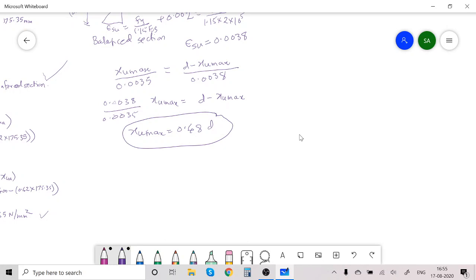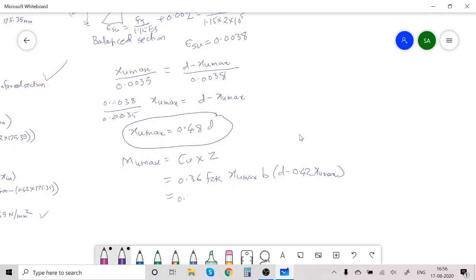Once you get XU max, using the equation Mu max is equal to Cu into Z. Cu is 0.36 fck XU max b into bracket d minus 0.42 XU max.